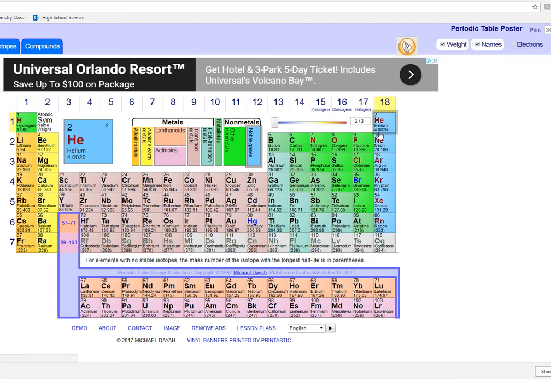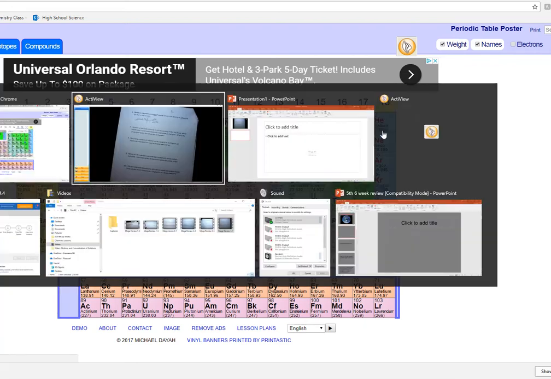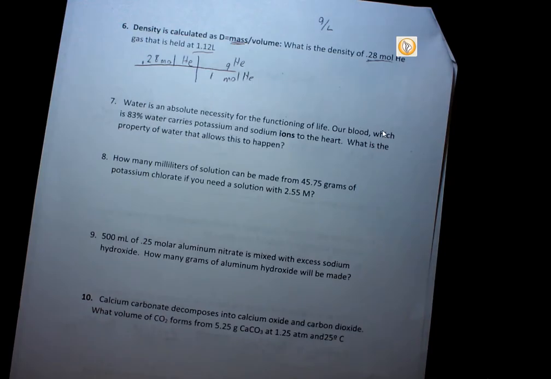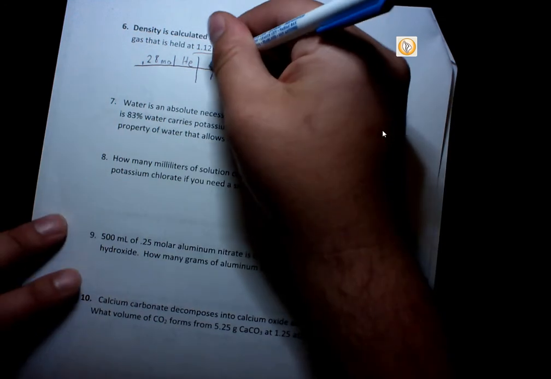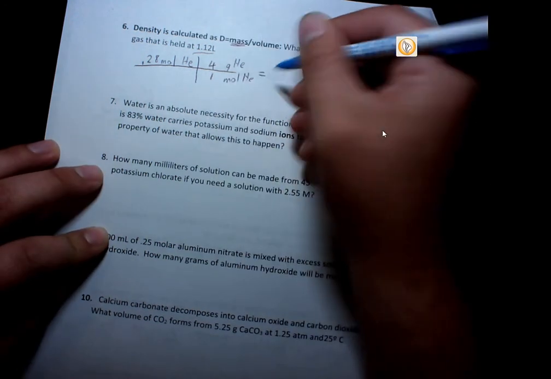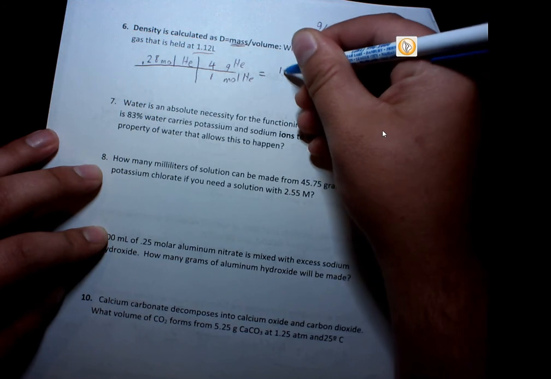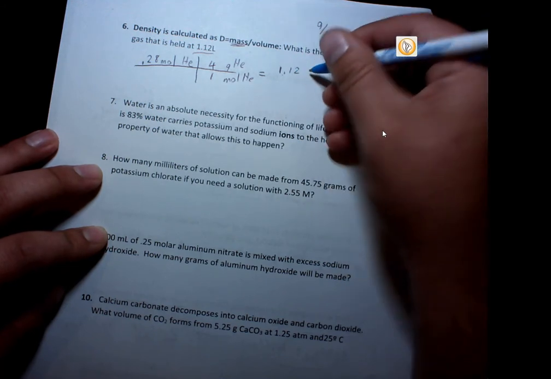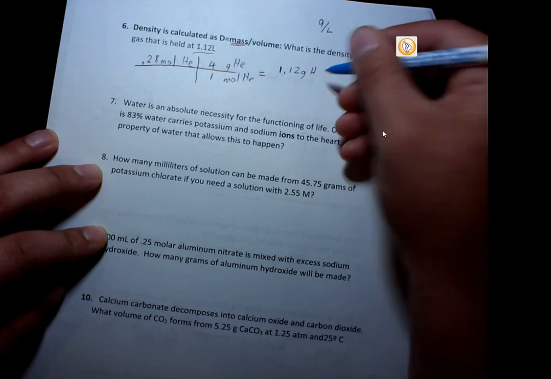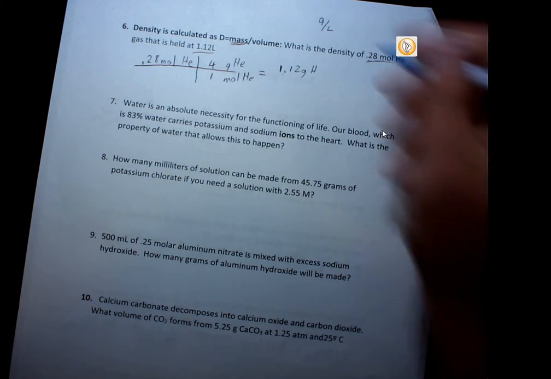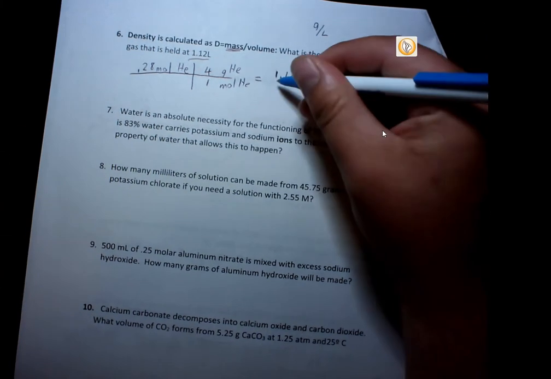So helium, we got 4.0026. We're just going to leave that as 4 grams of helium. So we multiply that out, we get 1.12 grams of helium. So now we have our mass.